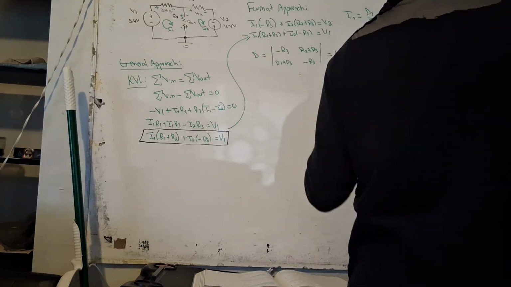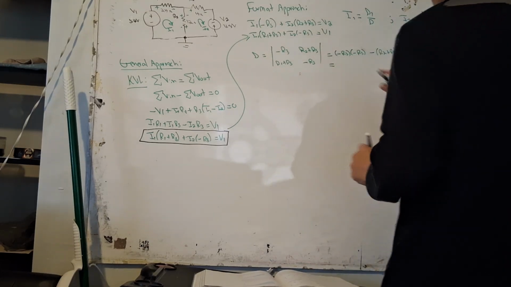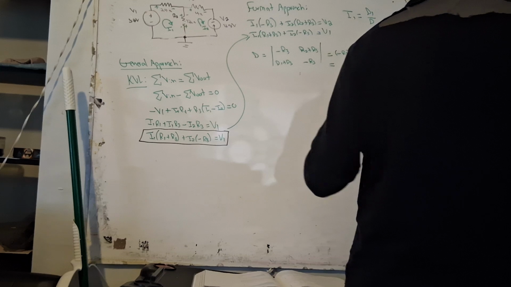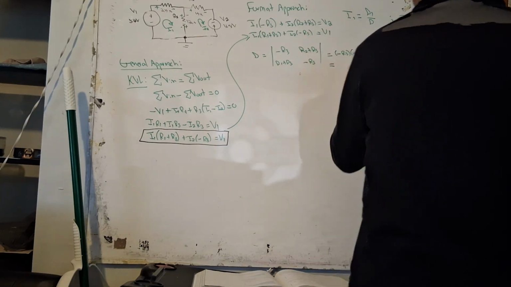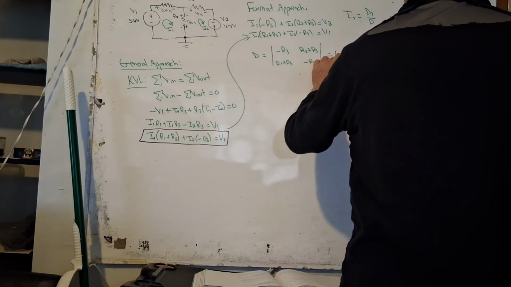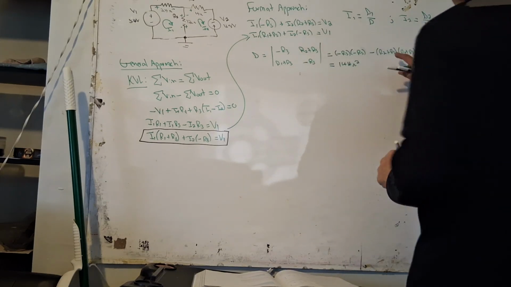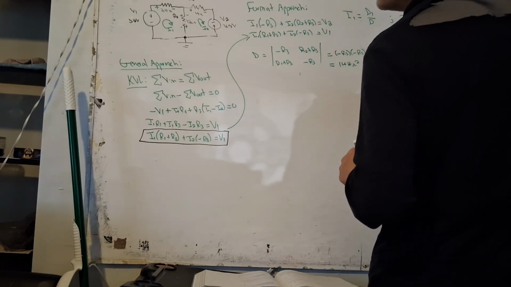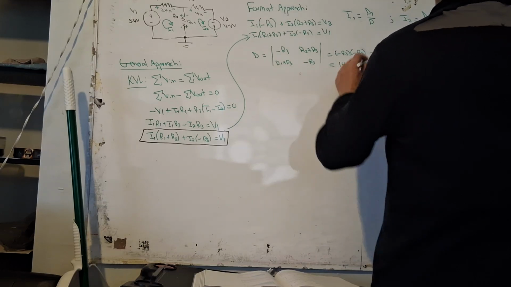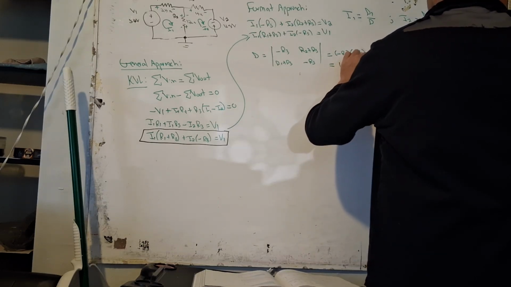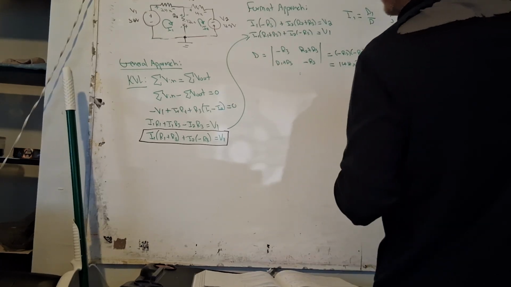Okay, this is our D. So let's figure this out. R3 is 12 ohms. We square that, we get 144. Negative times negative is positive, so 144 ohms squared. R2 plus R3 is 16 ohms. We're going to do minus 16 ohms times R1 plus R3, which is 36.